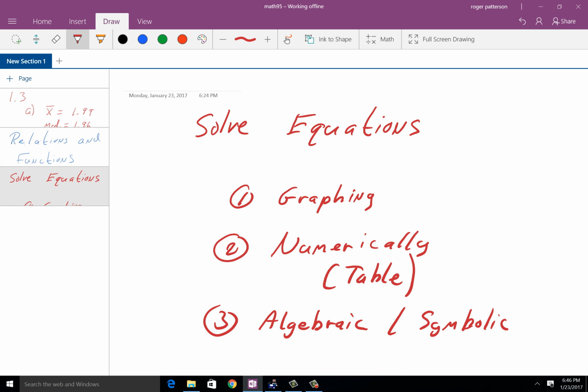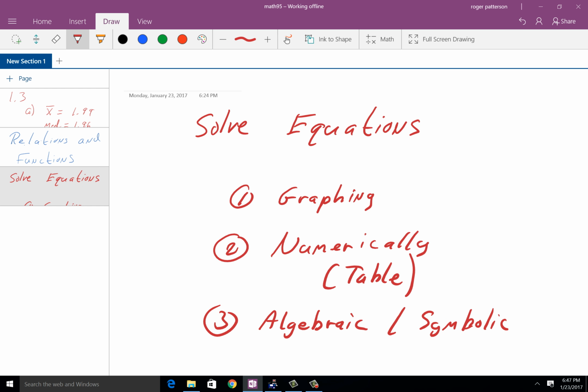It's long. In some situations it probably would be best, but not very many. Algebraic and symbolically is the way that a lot of people gravitate to because they're used to that, right? They've been taught that and they want to do it that way. And it works, except there are some situations where graphing is just the best way to go.